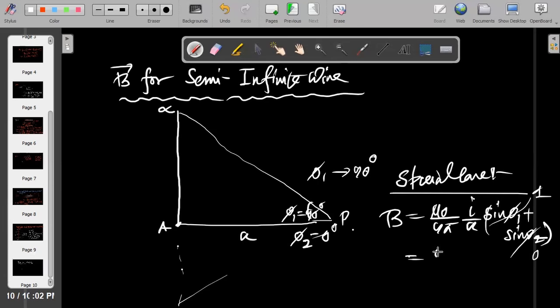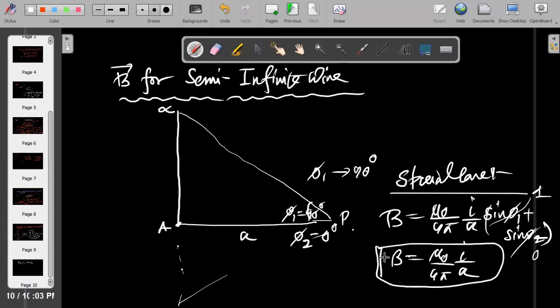Finally we will be getting mu naught by 4 pi into I by A. For infinite length, we are getting mu naught by 4 pi twice I by A, and it is quite obvious that in semi-infinite, we will be getting half of the magnetic field. So it will be mu naught by 4 pi I by A. So this is all about your Biot-Savart law and some applications.